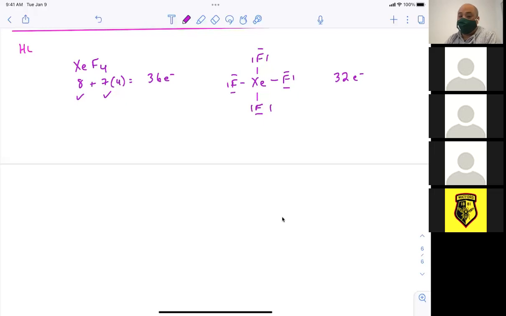Because what we don't factor in is that there must be lone pairs of electrons on the central atom that expand the octet. In fact, here it's 2 lone pairs. So there's actually 2 lone pairs on the xenon to create an expanded octet. And it's always only the central atom, by the way. You never have expanded octet on the outside atom. So whenever you're deficient in electrons, you put them on the central atom always. That's always true.